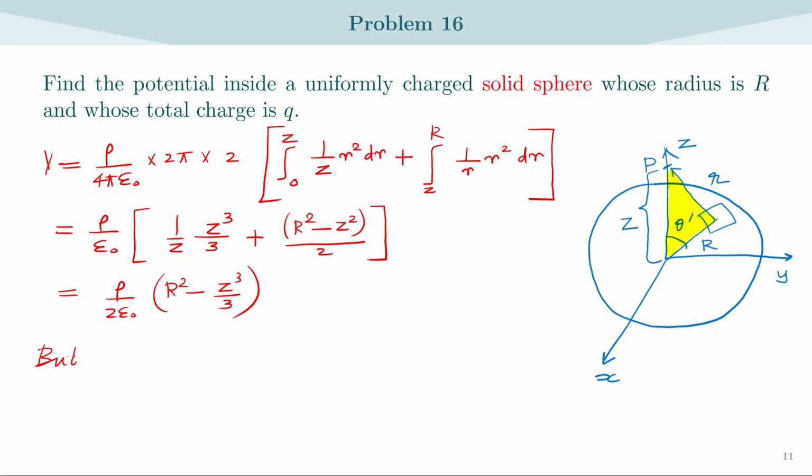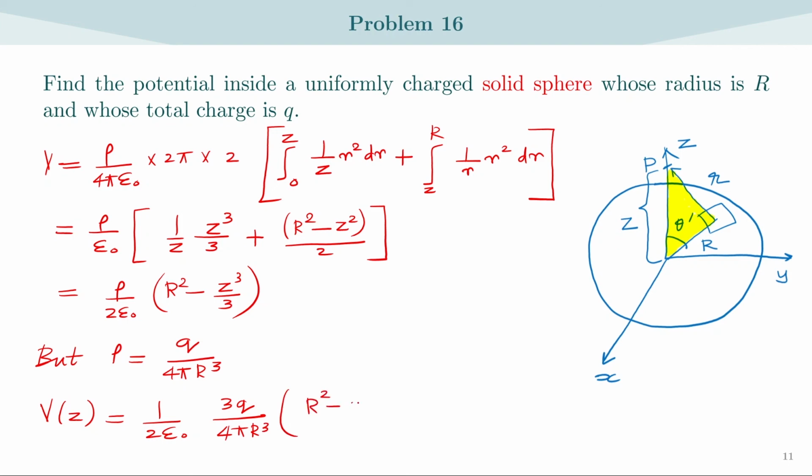But we have ρ as equal to Q over (4/3)πR³, and hence V(z) is given by 1 over 2ε₀ times 3Q over 4πR³ times [R² − z²/3], and this is equal to Q over 8πε₀R times [3 − z²/R²].